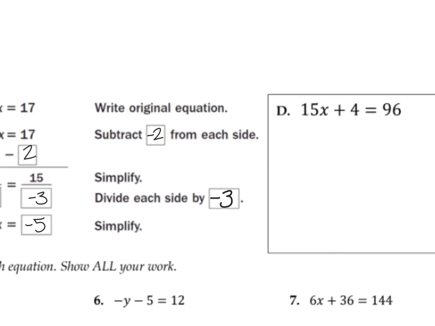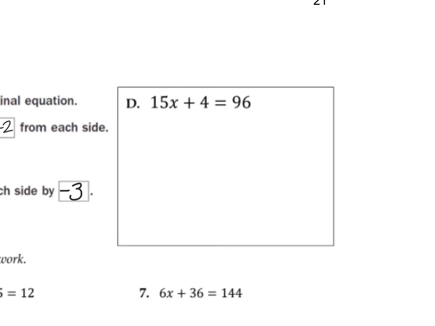All right, next one, letter D, we have 15x plus 4 equals 96. Again, start with the plain number plus 4. I'm going to do the opposite and subtract 4 on both sides. Positive 4 and -4 makes 0, so that's gone. I just have 15x on the left.